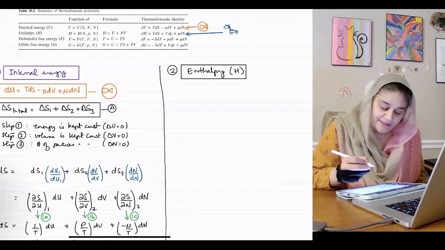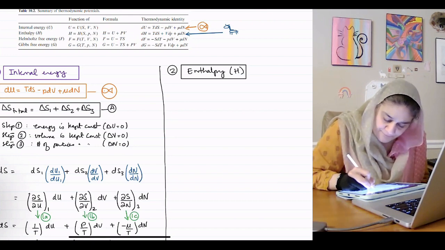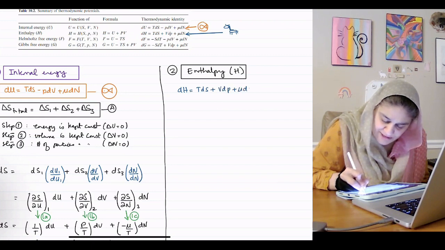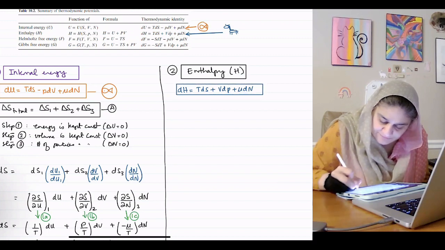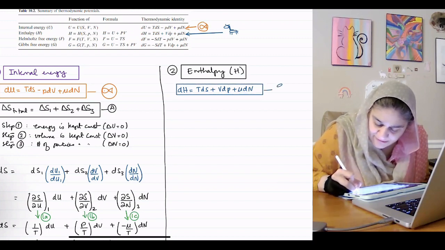Okay, so I am looking for dH equals TdS plus VdP plus mu dN. And that I'm calling my giraffe equation.